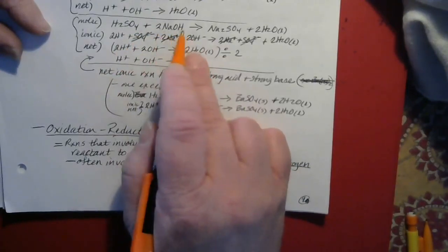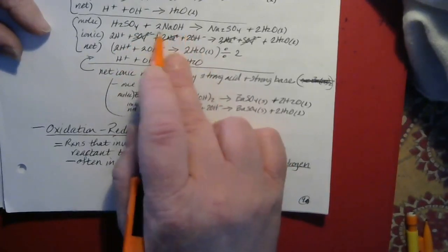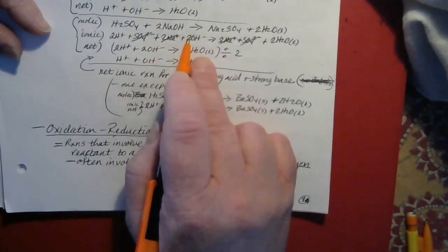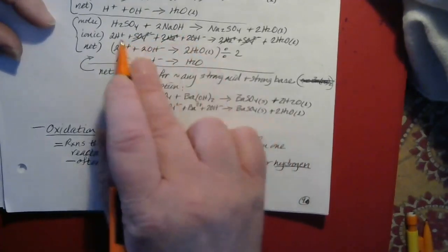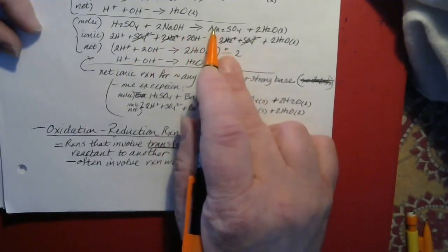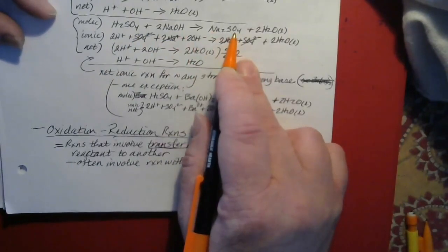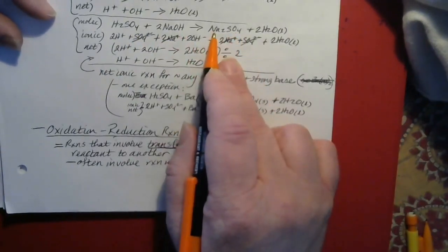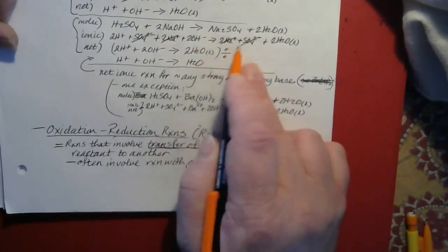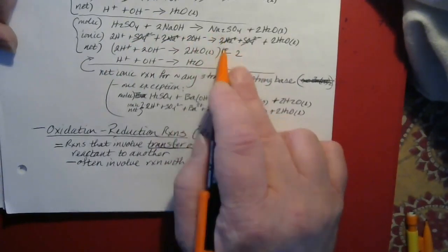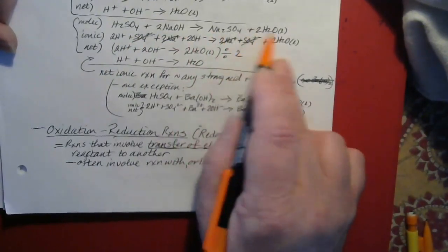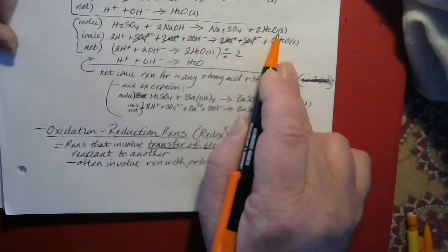If there are 2 sodium hydroxides, then that's 2 Na plus and 2 OH minus. All of these ions would be aqueous, of course. For the products, Na2SO4, like most sulfate compounds, is soluble in water because it's a sodium compound. They're all soluble in water. And so we'd have 2 Na plus, SO4 minus 2, plus 2 H2Os.